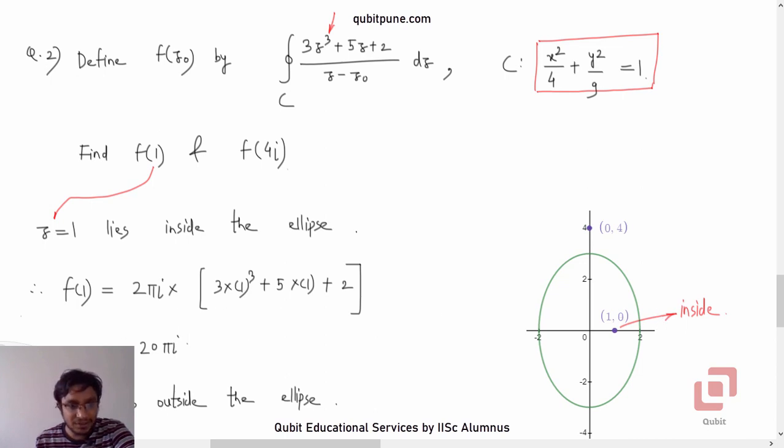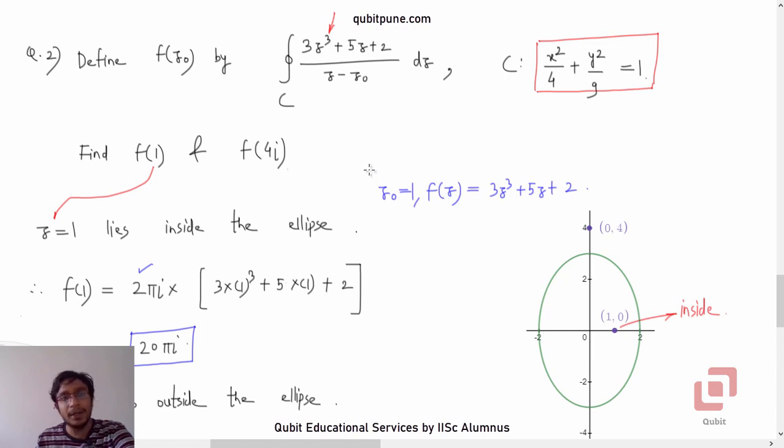Therefore, by application of the Cauchy's integral formula, we take z0 as 1 and f of z as 3z cubed plus 5z plus 2, and we substitute z equal to 1 in the definition of the function. After substituting, we will get f of 1 as 2 pi i times f of z0: 3 into 1 plus 5 into 1 plus 2, 7 plus 3 is 10, 10 into 2 is 20. So the value of the function at 1 is 20 pi i.